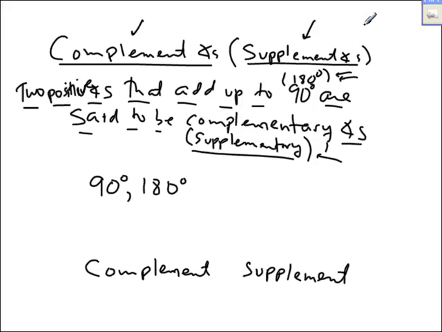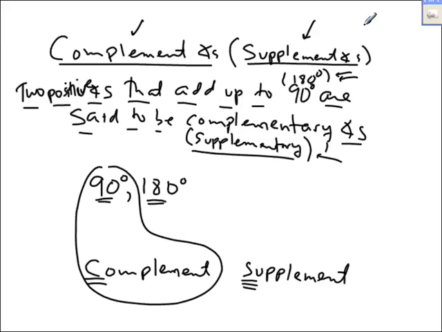You have to know that. And how I remember which goes with which is in the alphabet, C is before S. In the numbers, 90 is before 180. So 90 comes before 180, and the letter C comes before the letter S. So 90 degrees and complement, they're a pair.